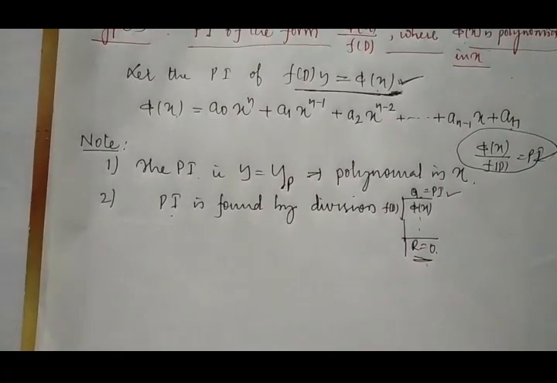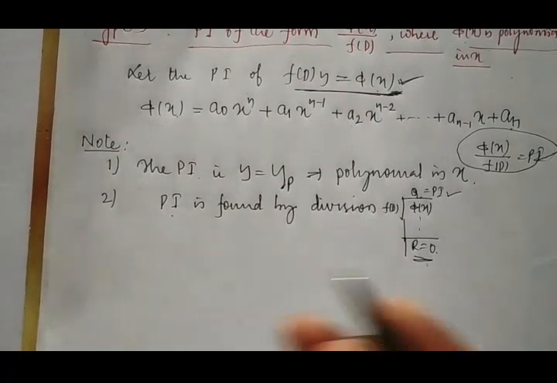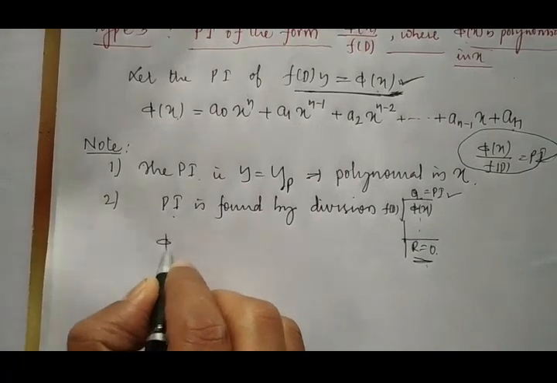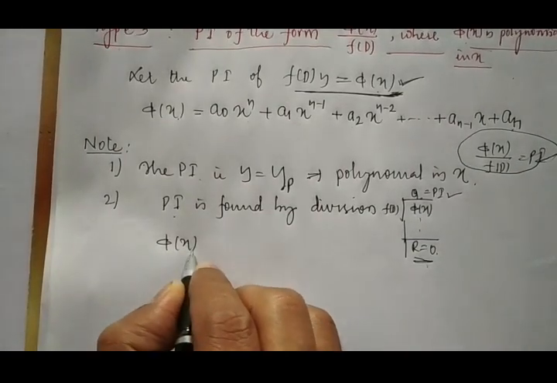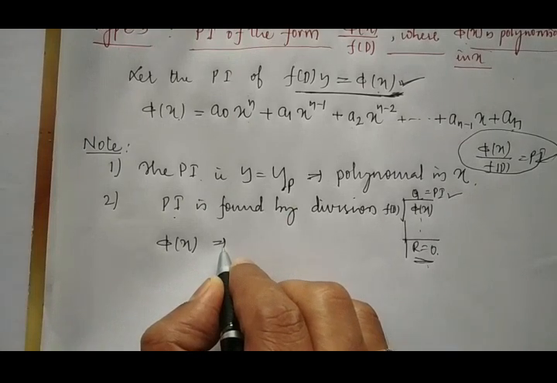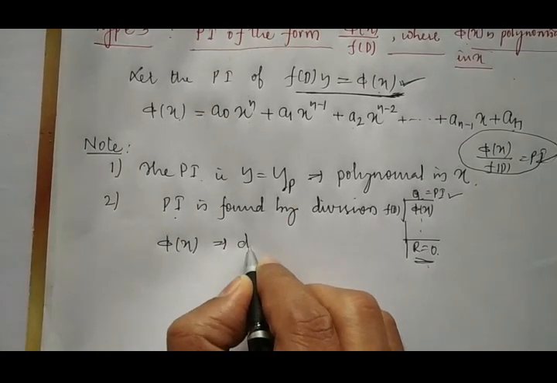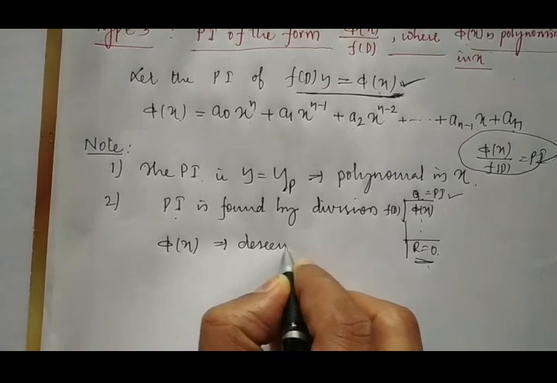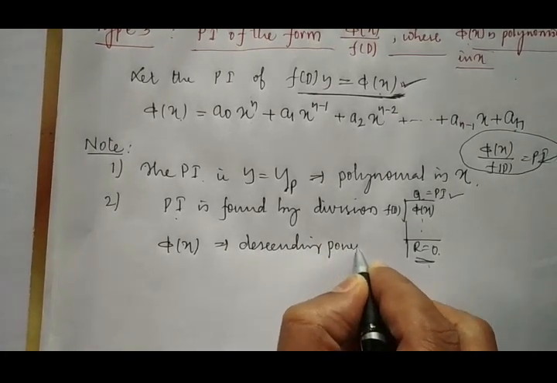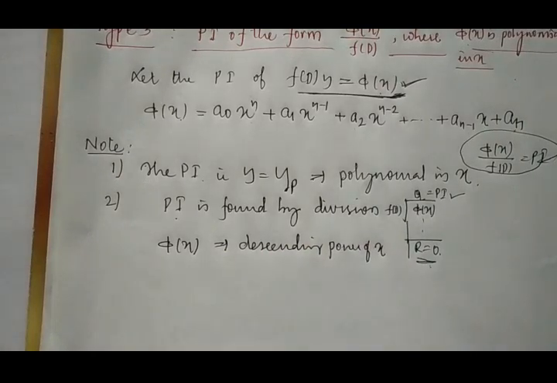Here we need to follow a few procedures, in the sense of a hint we can take. Here phi of x will be given. This phi of x has to be written all the time in the division method in descending power of x.